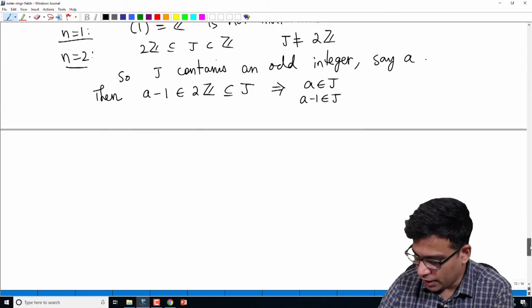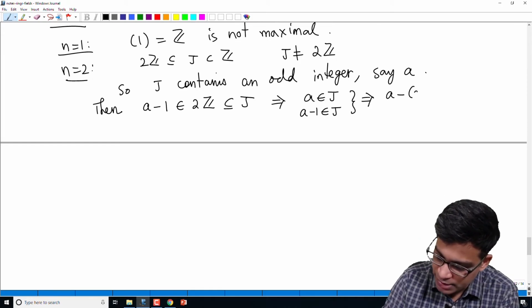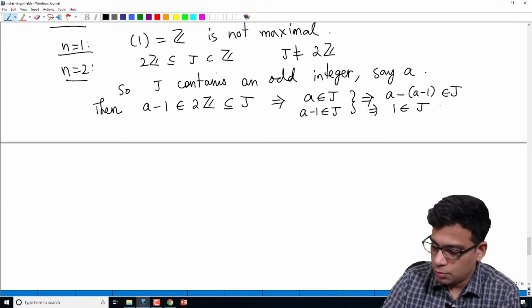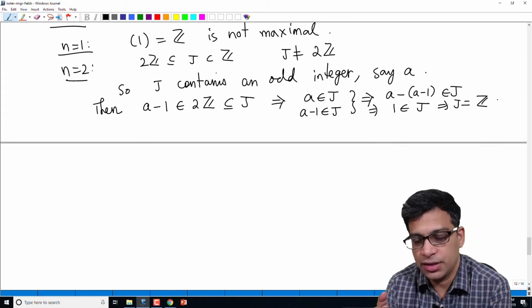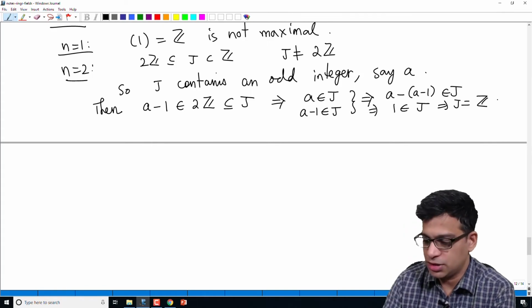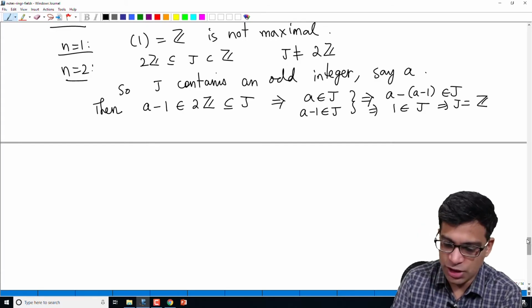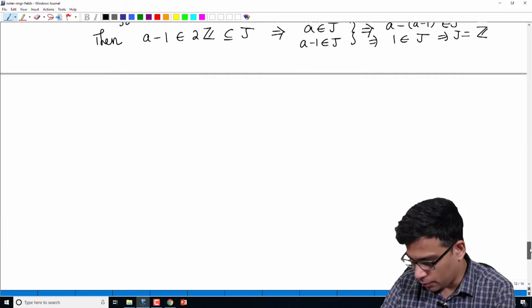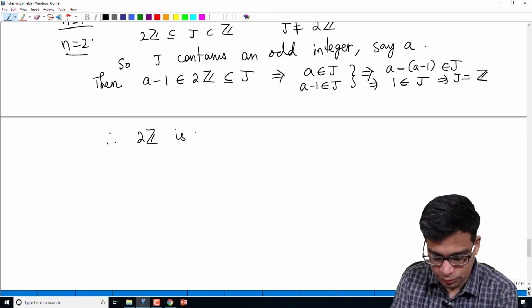So now if a minus 1 and a are both in J, the difference, which is 1, is in J. That means J is Z. If two consecutive integers are in J, the difference 1 is in J, so J is the unit ideal. That proves that any ideal that contains 2Z properly is the full ring. That means 2Z is maximal.